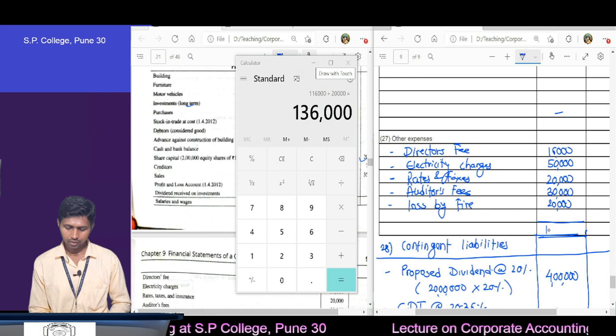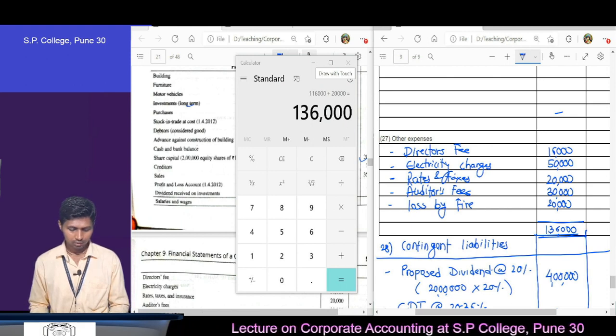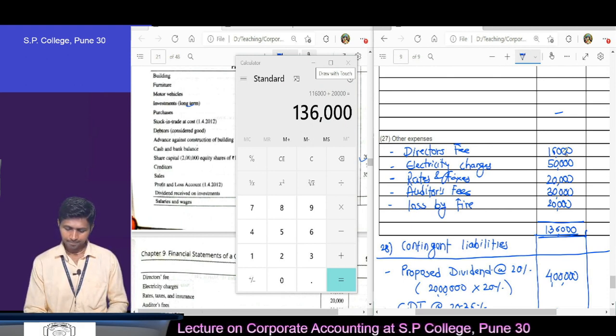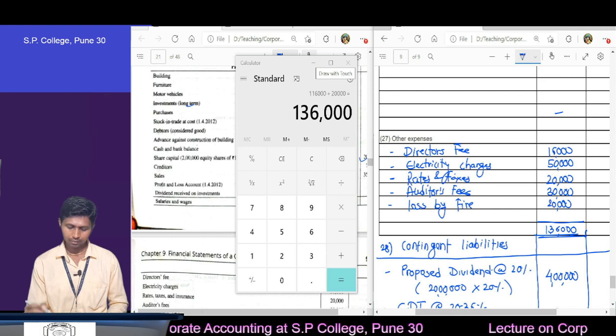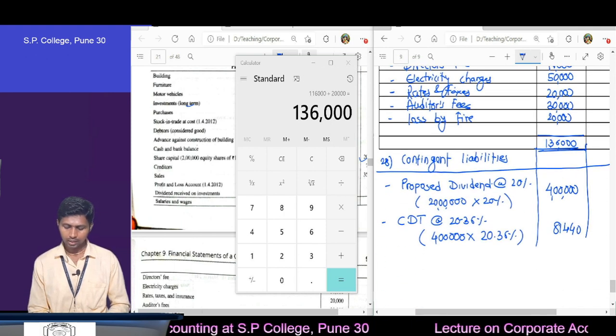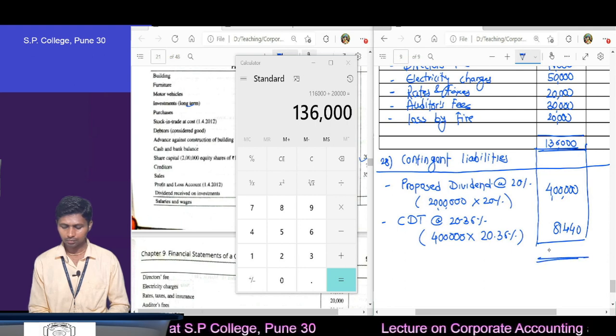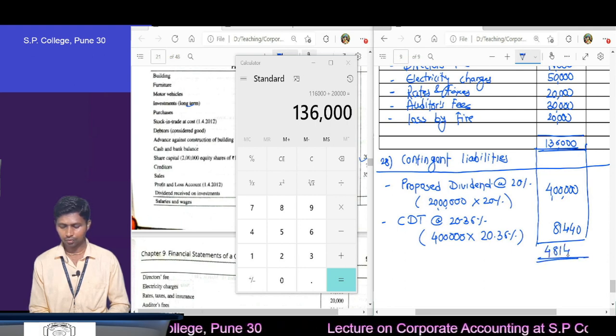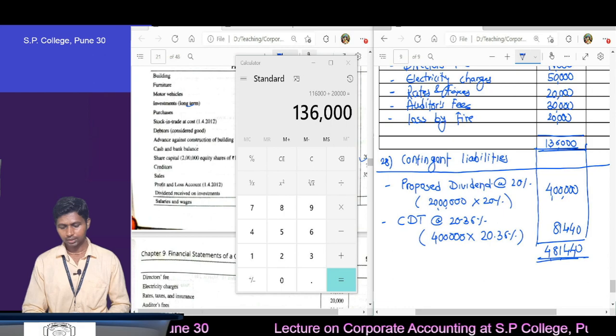Finally you will get 1,36,000 rupees. Correct. And here this total is also very simple, 4 lakhs plus just 81,440, 4,81,440.